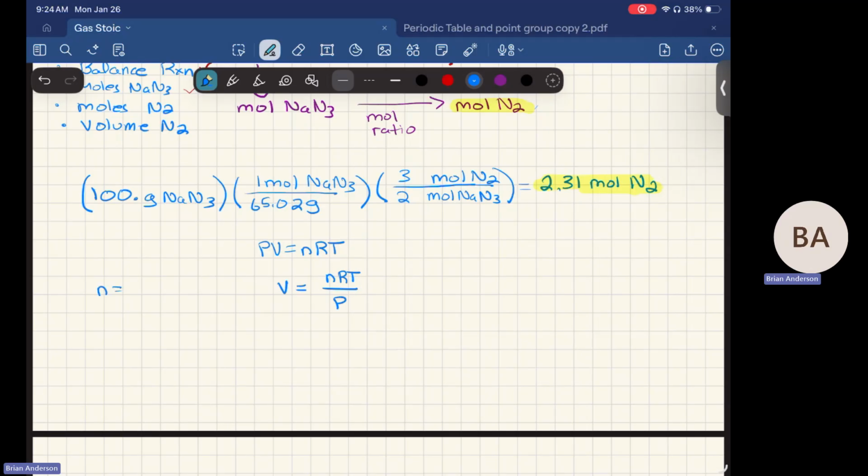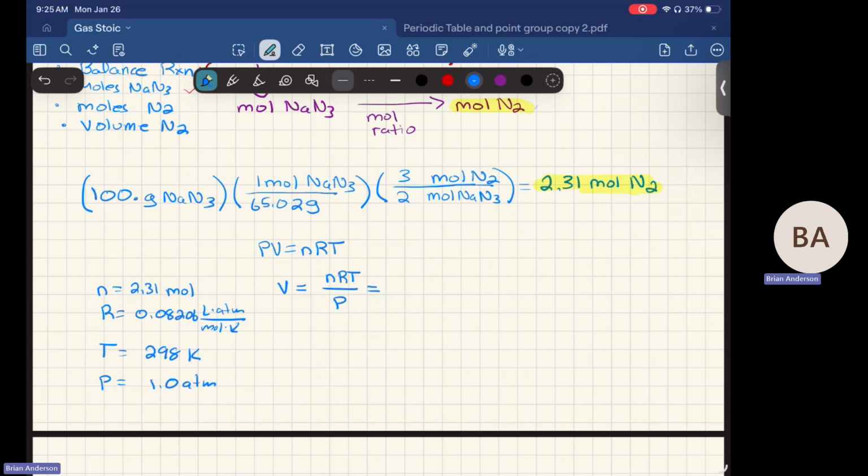And we can remind ourselves, what do we know? We know n is the 2.31 moles. We know R, that's our constant, 0.08206, and that's liters atmospheres per mole Kelvin. And in this case, we're told our temperature is 298 Kelvin, and our pressure is 1.0 atmosphere. So now we can plug in.